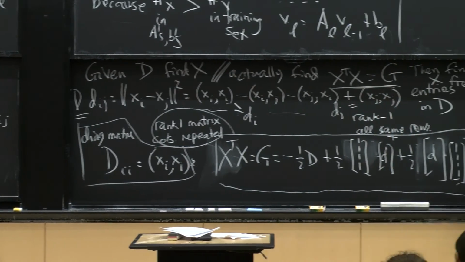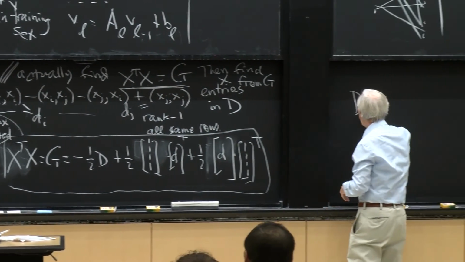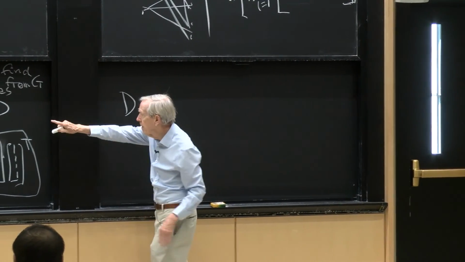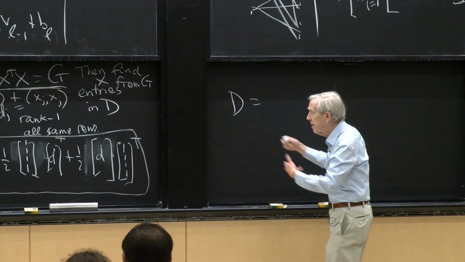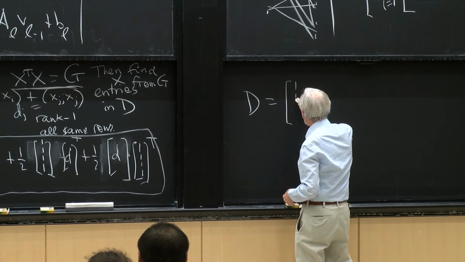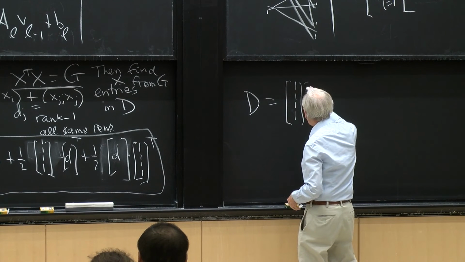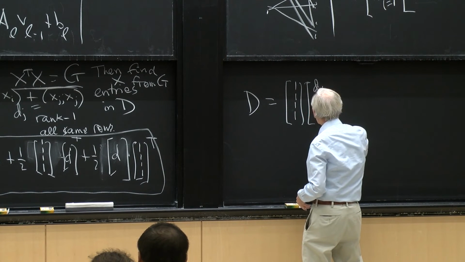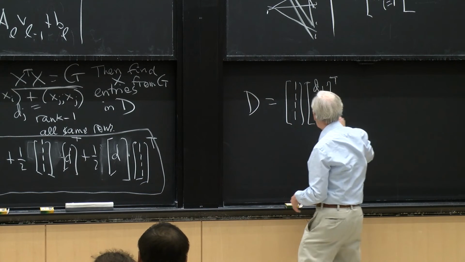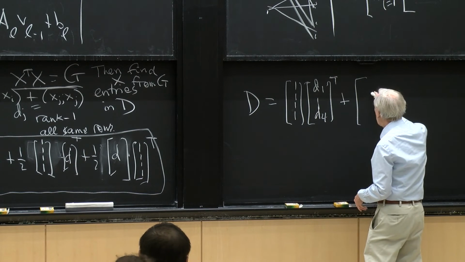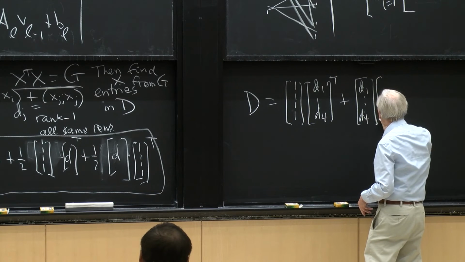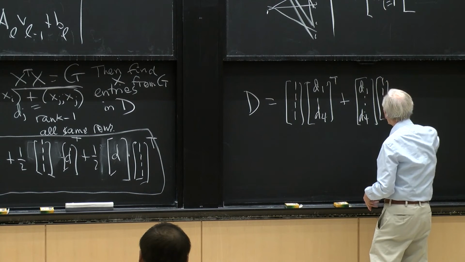What that equation is really saying is that the D matrix is this, if I just read that along and translate it, put it in matrix language: this 1, 1, 1, 1, D1 to D4, let's say, transpose, is this rank 1 matrix, and the other one is the D's times the 1, 1, which is the transpose of that.